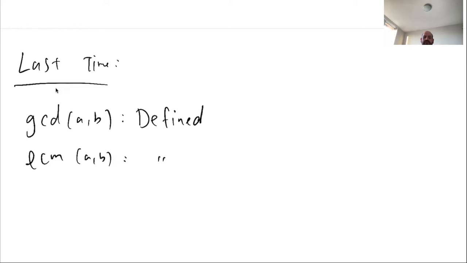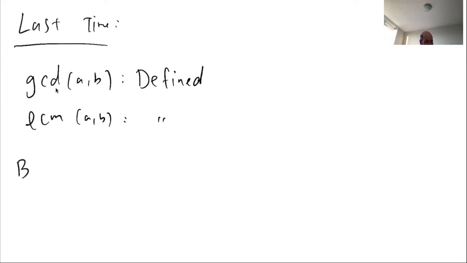And then for GCD, you basically look at the common prime factors, use the smallest power between A and B, and then multiply them. For LCM, you have to use the maximum power between all the prime factors that appear either for A or B, and then multiply them.